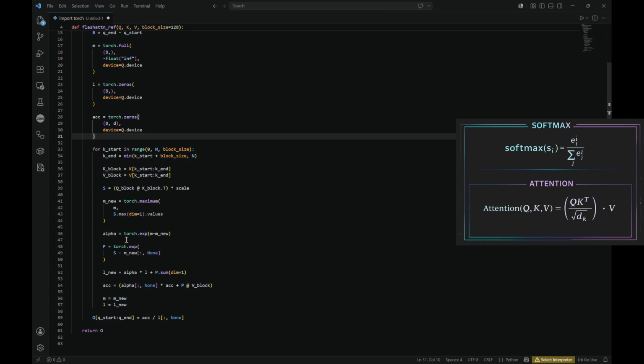Now onto the inner loop, we have k. So we define k with v because their computation is essentially the same. In other words, you have some block of k that you take out from the k matrix itself, and that's essentially what v is going to be as well.